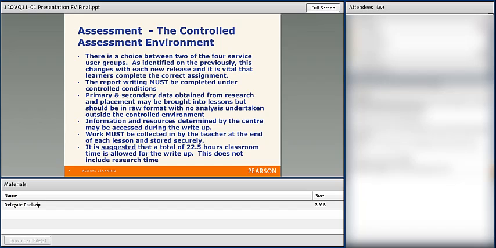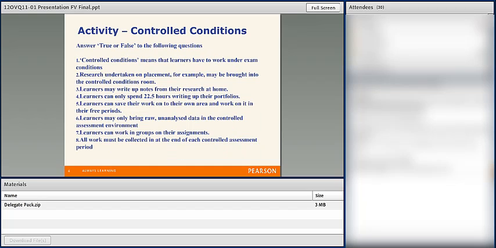They can work in groups, for example, which is one of the questions. Can they work together in groups on their assignments? Yes, they can. Within the controlled conditions, to a certain extent, they can use their group work. You don't have to have them in silence, sitting in an exam environment. So working in exam conditions is actually not true.